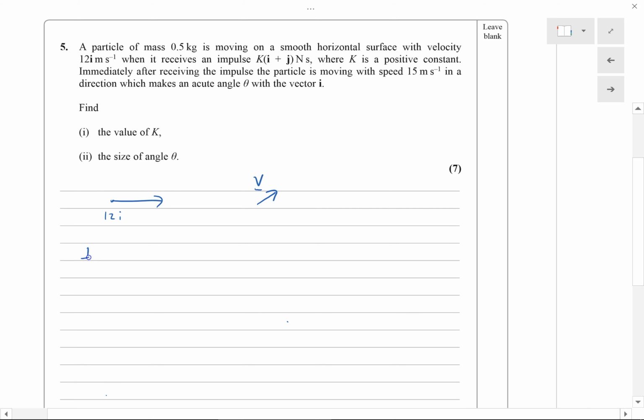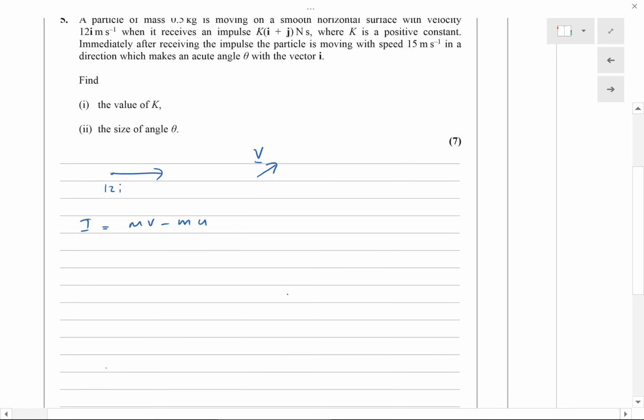Okay, so if I use the impulse equation, the impulse is the change in momentum. We have ki plus kj is equal to 0.5v. Remember, that's the components of it.